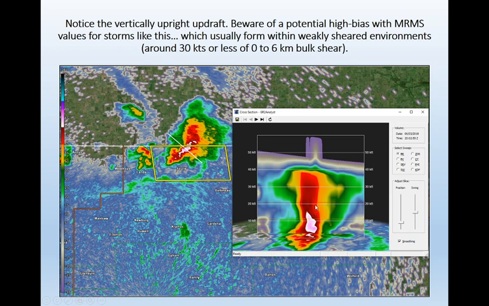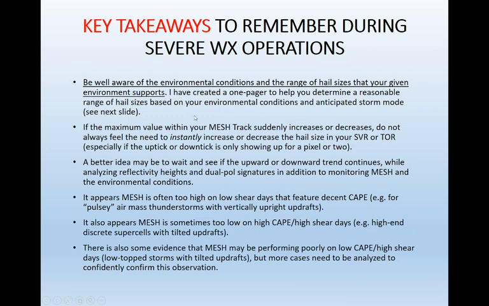And oftentimes these storms end up being sub-severe, at least for our criteria up in Bismarck. So it is worth remembering that these sort of environments, decent cape but low shear environments, which are favorable for air mass thunderstorms, are the ones where you have to watch out for mesh being too high a lot of the time.